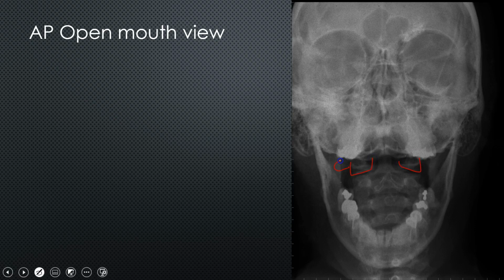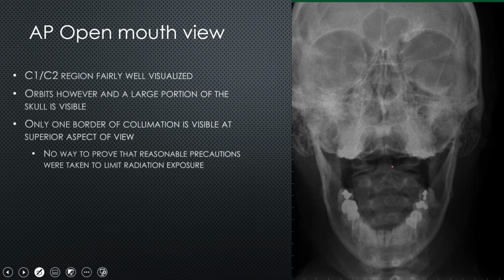I can see the TPs, I can see the dens and C2 vertebral body perfectly. So that area is good. However, we don't need all of the entire skull in view if we are just focused on our A to P open mouth, or the C1, C2 region, I should say.